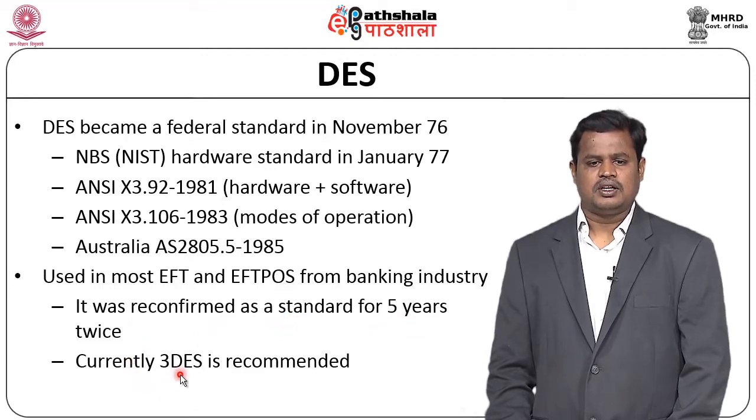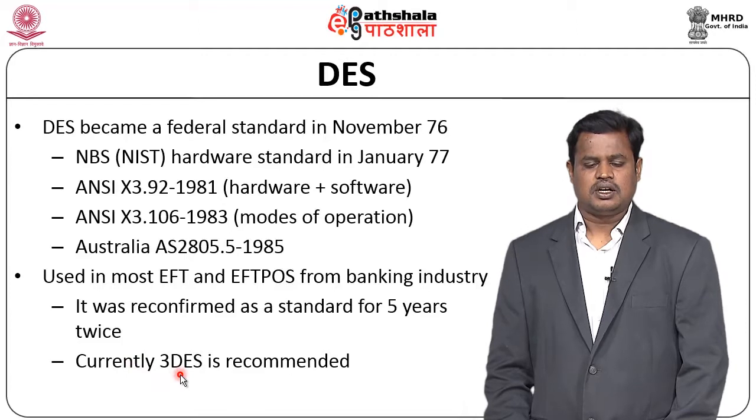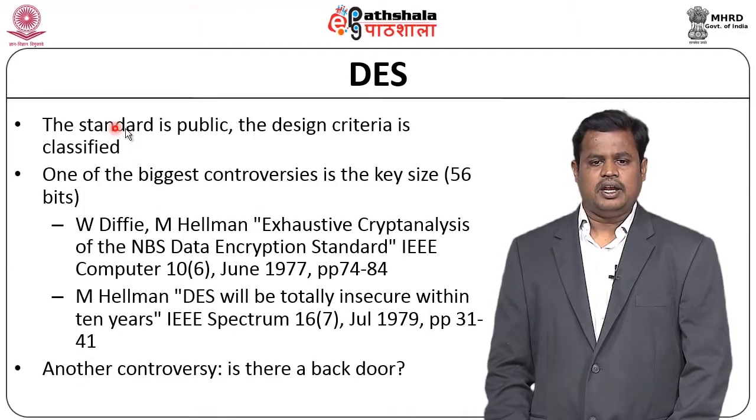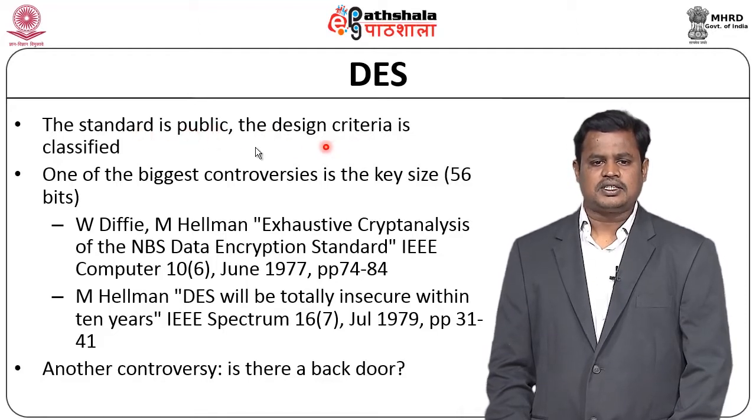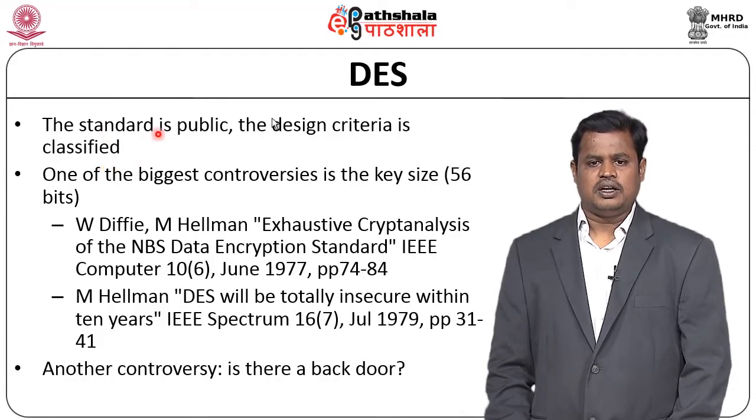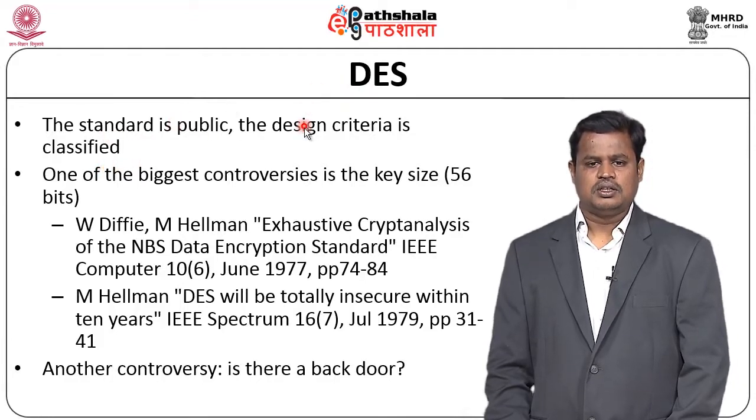Currently, triple DES is recommended. The standard is public, but the design criteria are classified. That means anybody can use the standard, but they never revealed the design criteria of the DES algorithm.